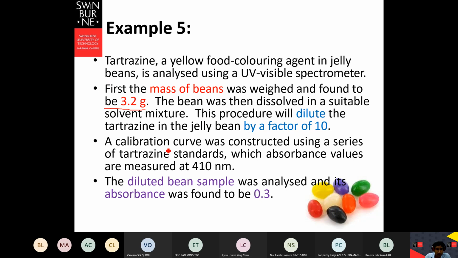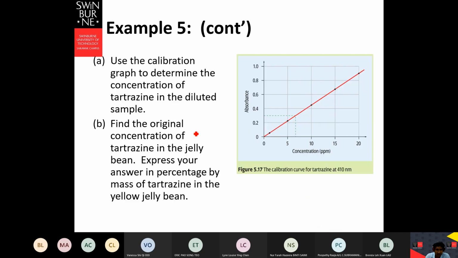And at 410 nanometer, we ran the standard at the same wavelength, because this is the wavelength of light that tartrazine absorbs most. And then the diluted bean sample was analyzed and the absorbance was found to be 0.3.